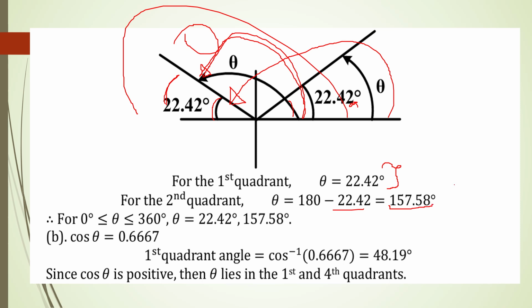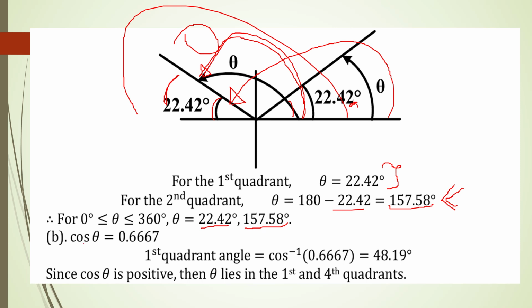Remember, angles must be to 2 decimal places. After getting both angles, we conclude that the value of theta is 22.42 degrees and also 157.58 degrees.